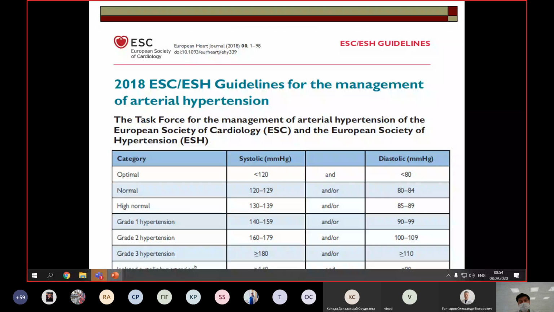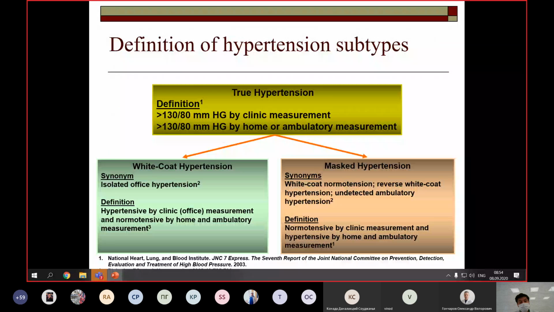So, according to US clinical protocols, all patients with elevated BP should be qualified as subjects with true and untrue hypertension. What's the difference between these positions? True hypertension is defined as the patient having increased BP above the cutoff point, 130 for systolic and 90 for diastolic.